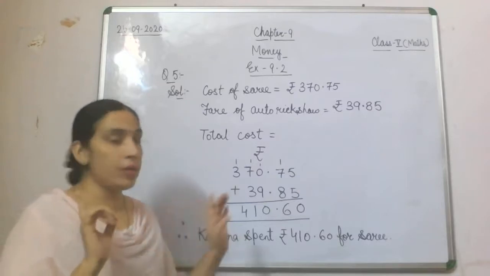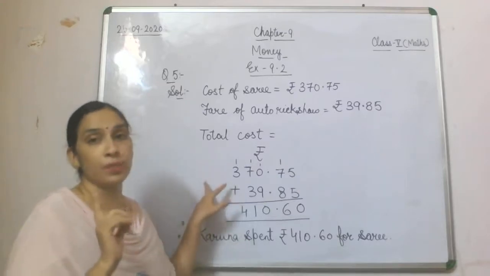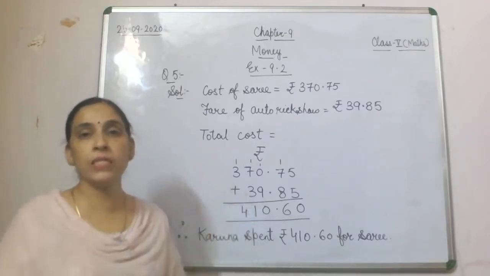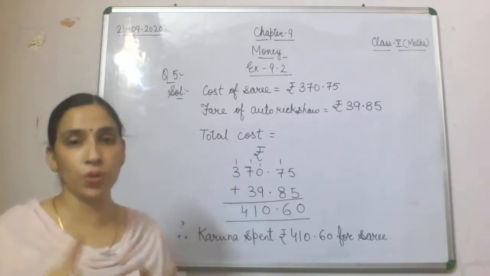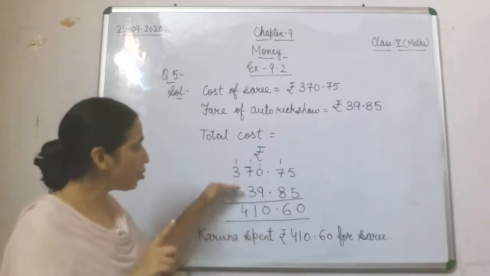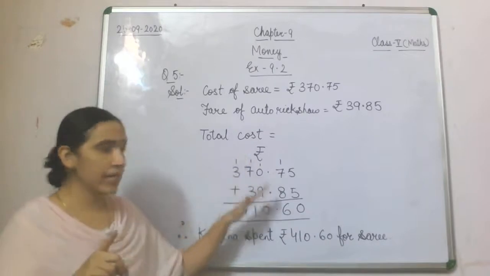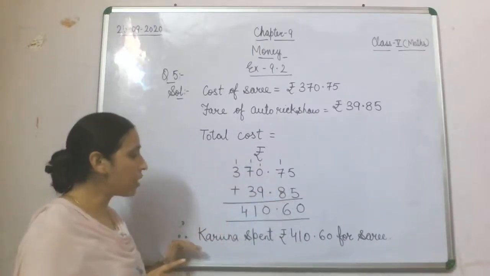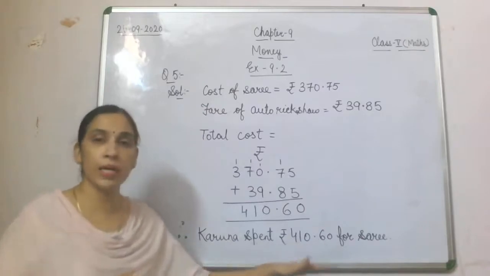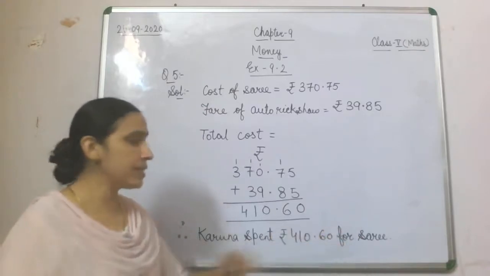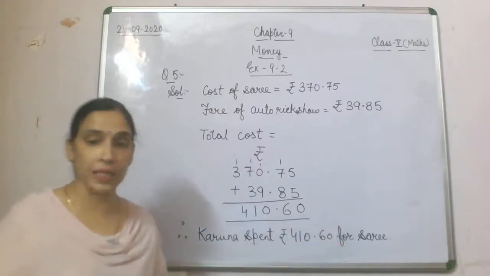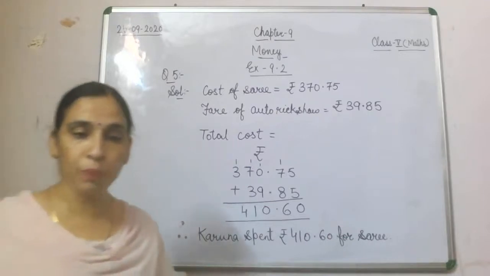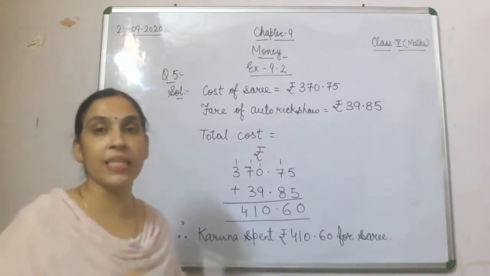So the same happens here in this question. The fare of the auto rickshaw is included in the total cost. That's why we have added, and then we have written, therefore Karuna spent rupees 410 and 60 paisa for the sari. Fine. I hope this question is clear to you all.